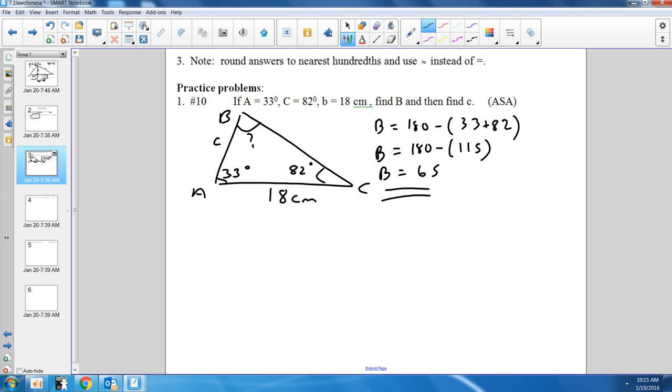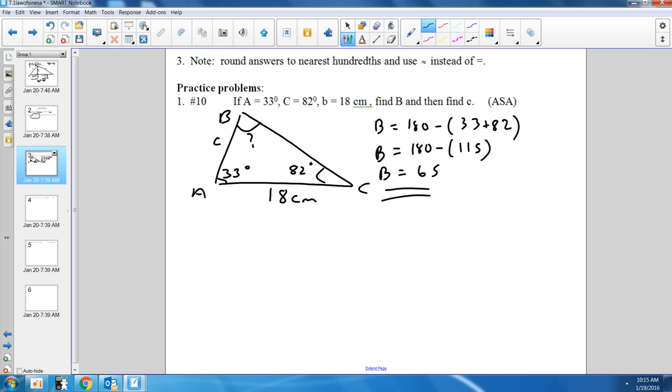So that's the first answer. You're always pairing things up in this section because you're dealing with the angle and the opposite side. So you needed that 65 in order to apply the law of sines.